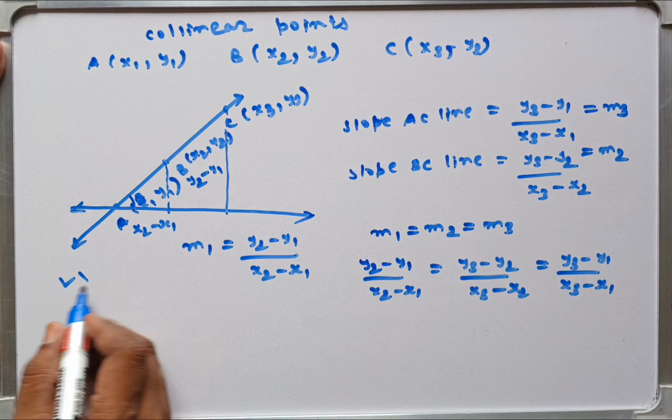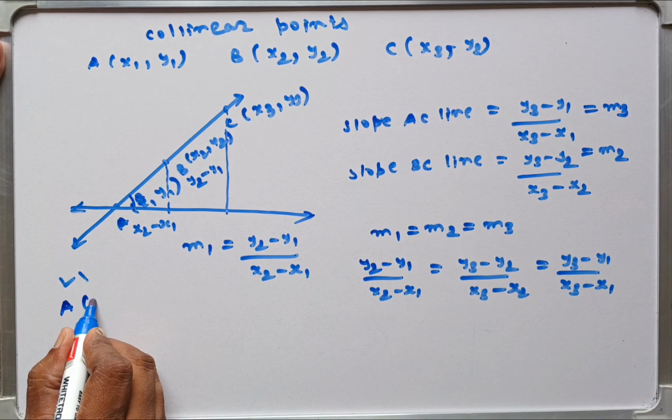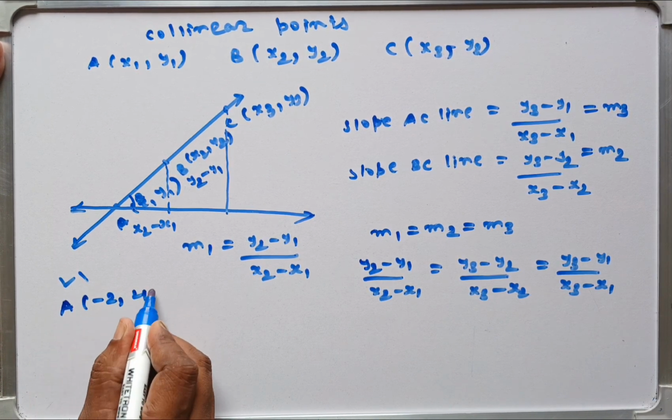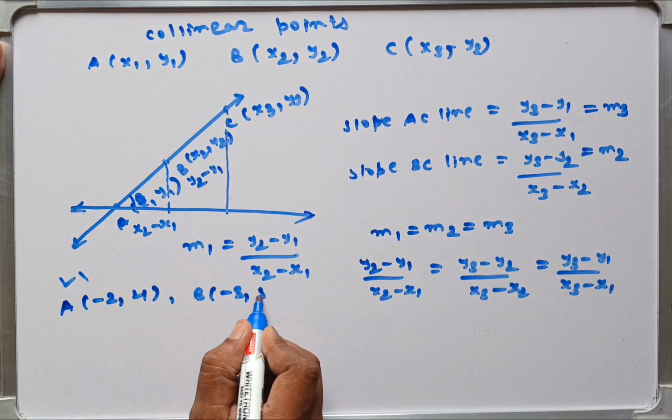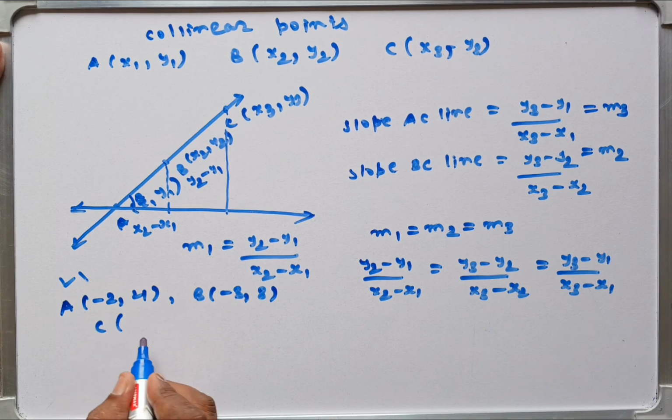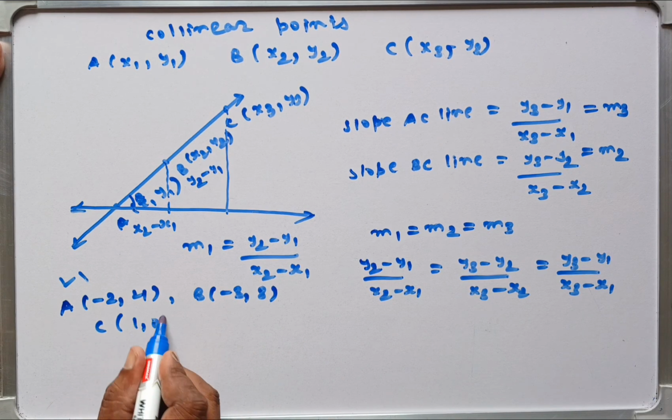So see the example: A has coordinates minus 2, 4, B has coordinates minus 3, 8, and C has coordinates 1, 0.